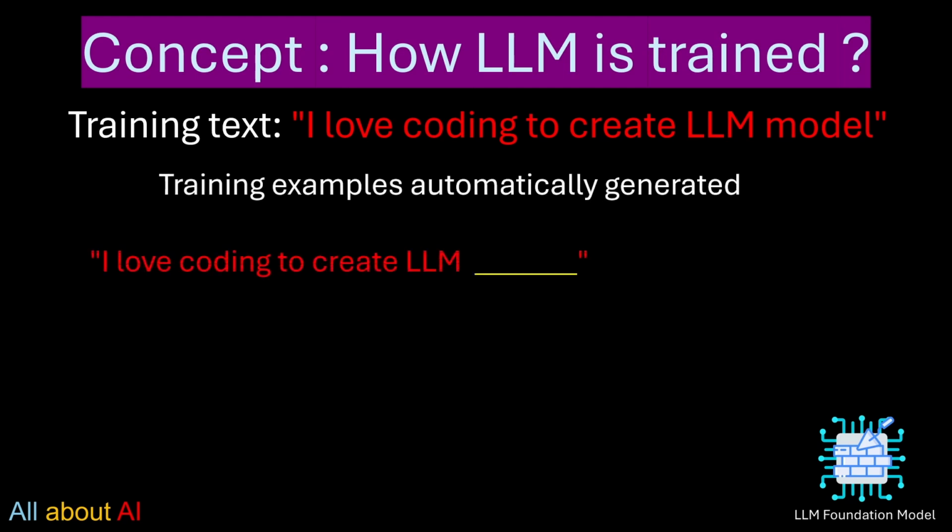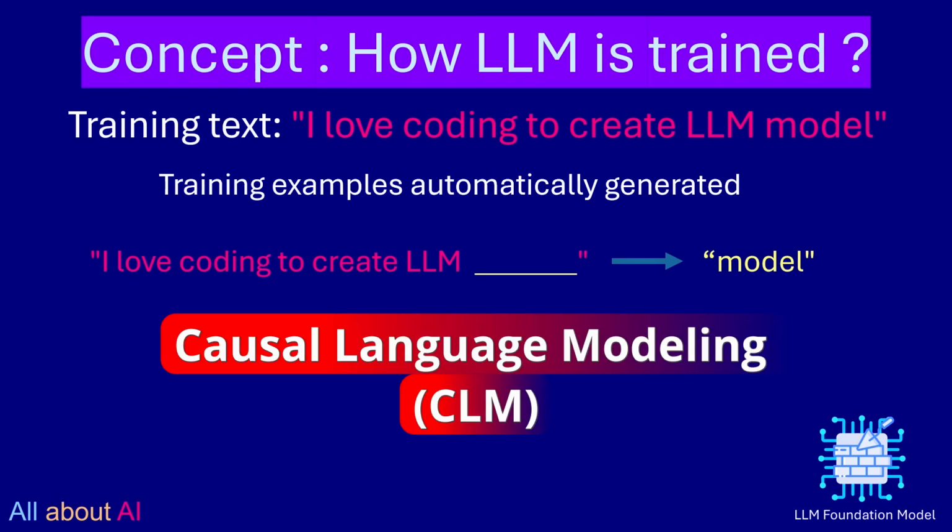Suppose in this case, I give the model "I love coding to create LLM" and then a blank. Based on this training data, the model will see that this blank is "model", and that's how it will use this in the training process. This is the approach used in GPT-based model training. This technique is called causal language modeling, CLM.